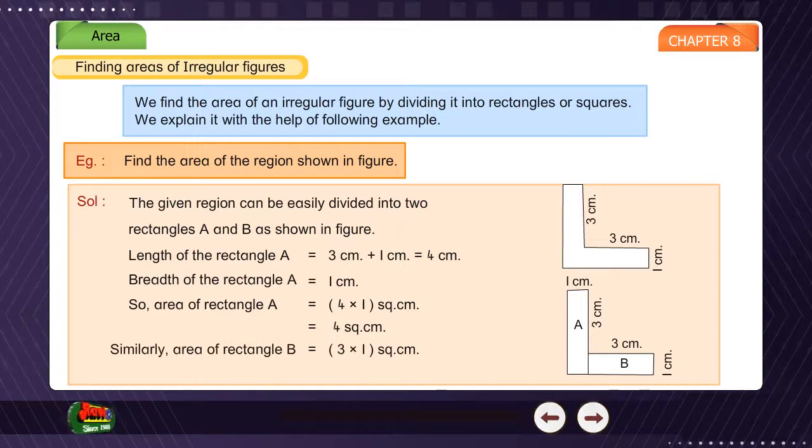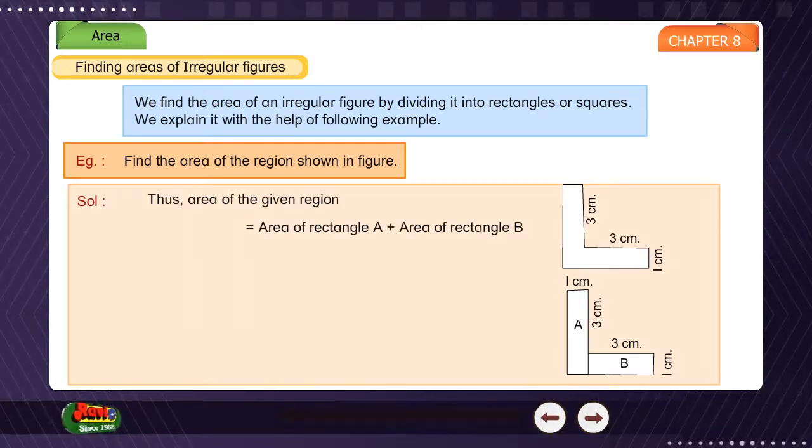Similarly, area of rectangle B is equal to 3 into 1 square centimeters, which is equal to 3 square centimeters. Thus, area of the given region is equal to area of rectangle A plus area of rectangle B, which is equal to 4 plus 3 square centimeters, which is equal to 7 square centimeters.